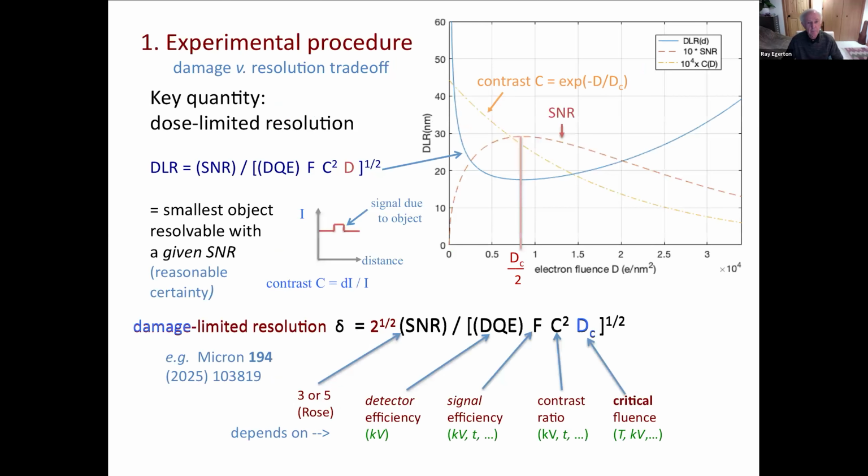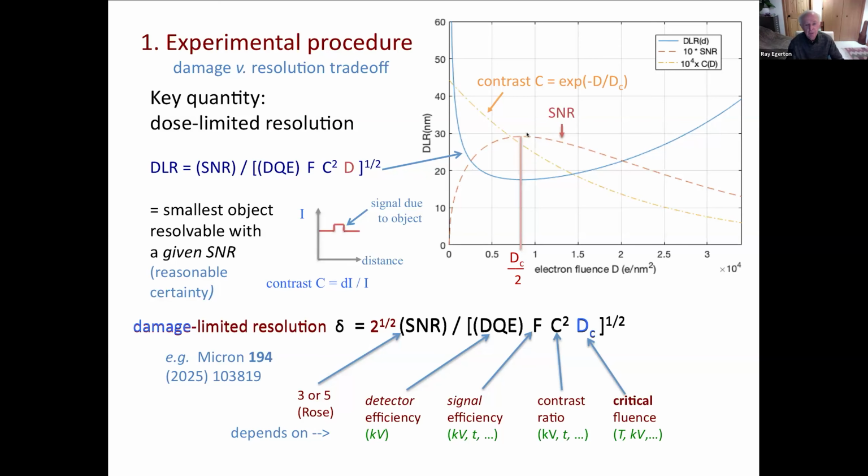Talking about the experimental procedure, how to optimize that, the key quantity here is something called the dose limited resolution. I can illustrate that by this graph on the right-hand side here. If we have a sample illuminated by a beam of a fixed diameter, and that fixed diameter might correspond to a fixed resolution if we're in STEM, we have something that we can call the signal to noise ratio.